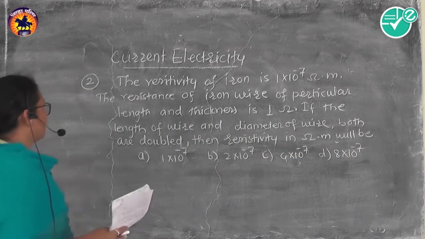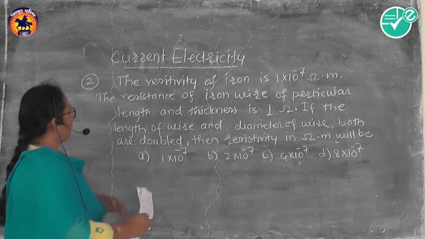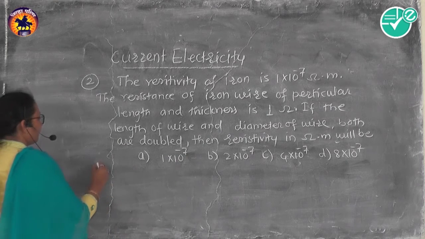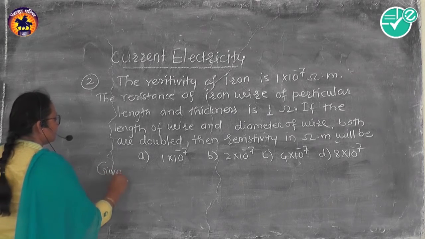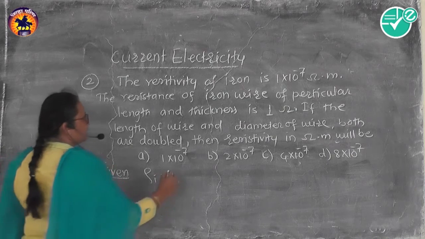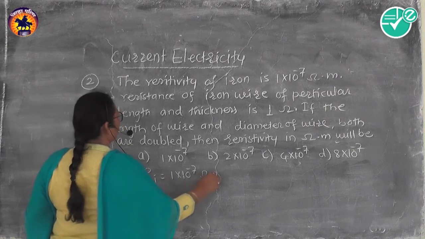This is very simple example. You have given iron material whose resistivity is given. That means in data, rho for iron, that is 1 into 10 to the power minus 7 ohm meter.